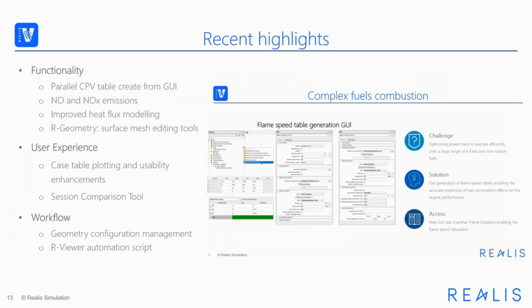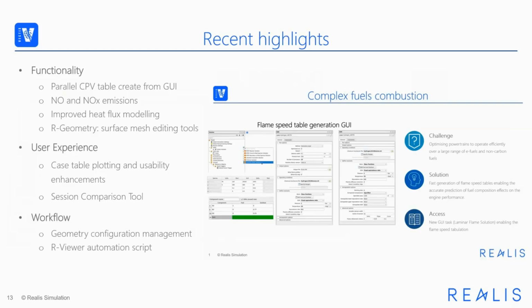And finally, let's just have a brief look back at the key features of the last two releases, which may be of interest to you, and if they are, please contact us for further information. We've added parallel CPV table creation in previous releases. We've enhanced our NOx emissions. We've improved heat flux modeling.